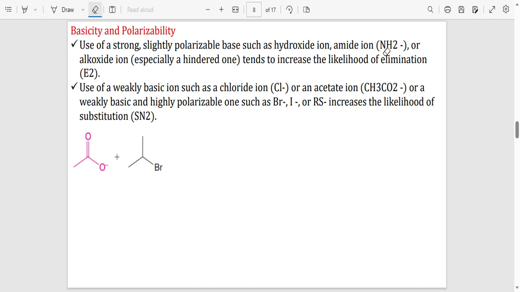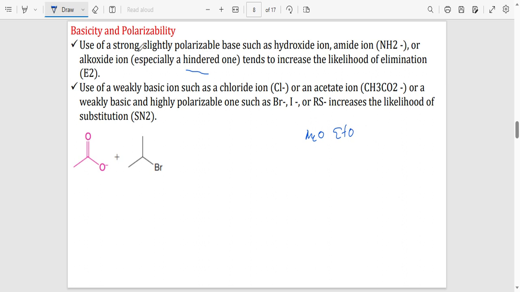Another example you can give is an amine or alkoxide. Alkoxides are those which are coming from alcohols. For example, methoxide, ethoxide, tert-butoxide. Now, those which you want to mostly use are those which are hindered ones, for example, tert-butoxide. That's the one which is hindered.